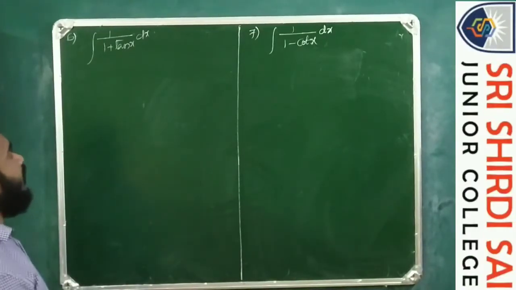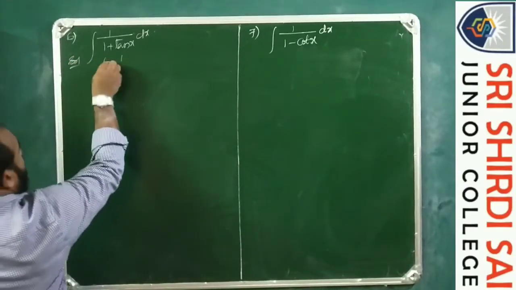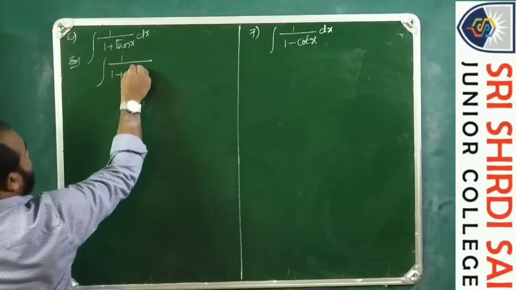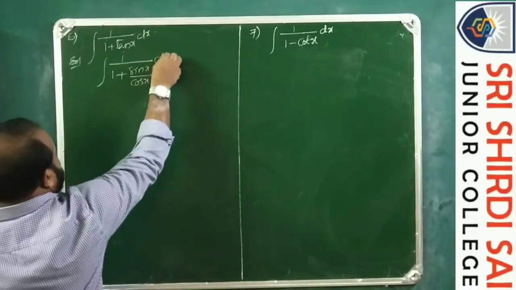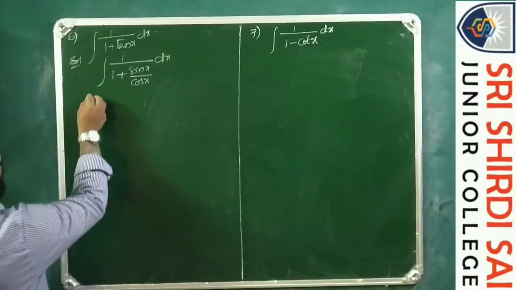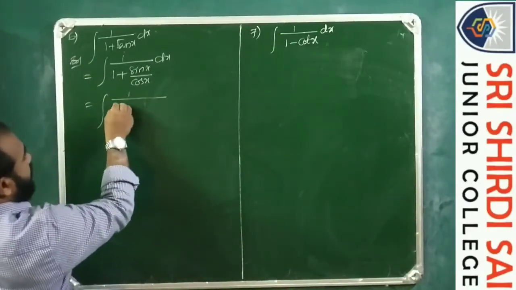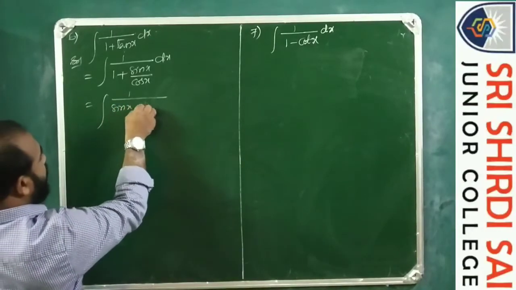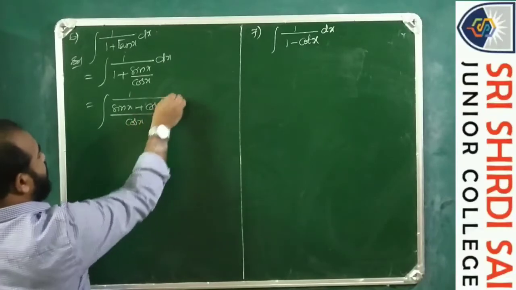Integral 1 by 1 plus tan x dx. This is 1 by 1 plus tan x, which is nothing but sin x by cos x, dx. So this is equal to 1 by sin x plus cos x by cos x dx.